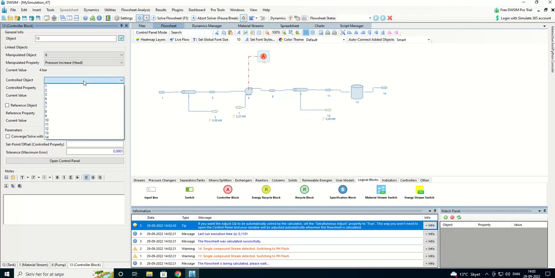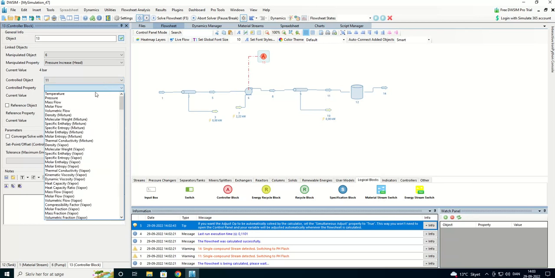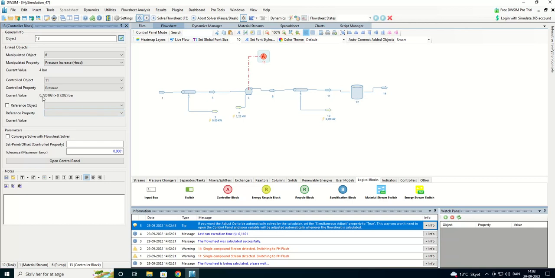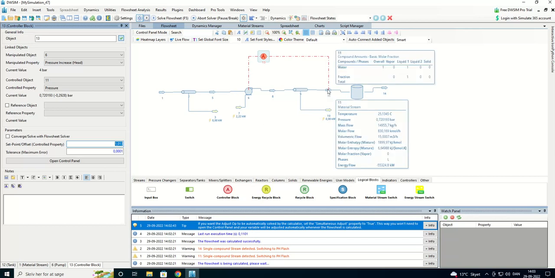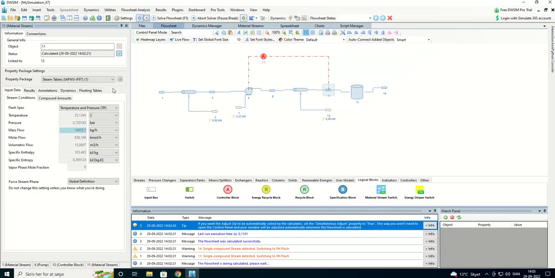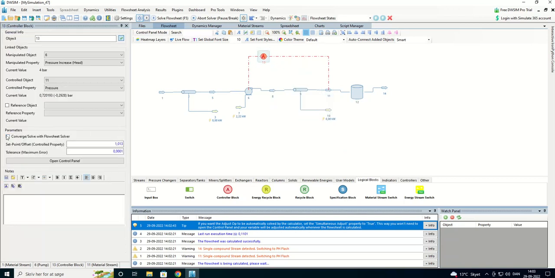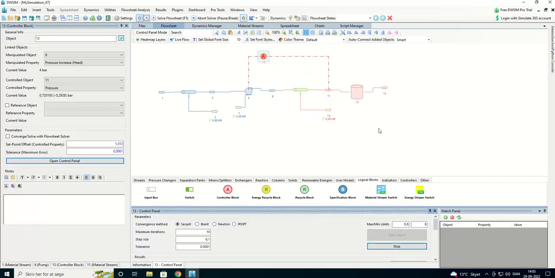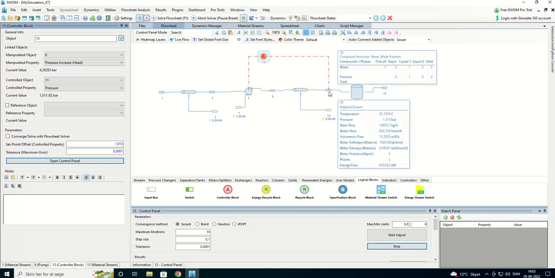And we have number 11, and the pressure that we're going to adjust to 1.013 or 1 atmosphere. So, we're using a controller block, going to adjust it, and now we have the 1 atmosphere in pressure.